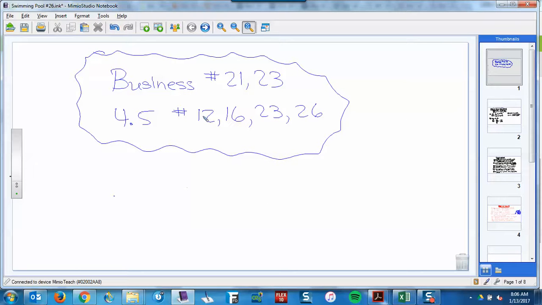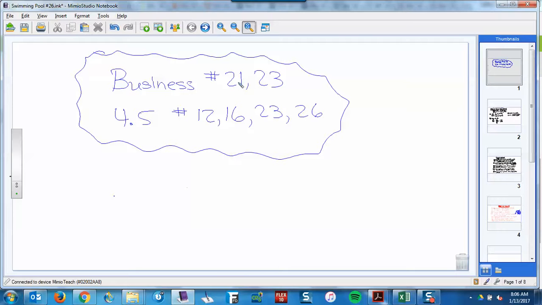What do we want to look at here from these problems? 23 in the book and 26. Is 23 in the book the swimming pool? 26 is the swimming pool. So those two in the book.